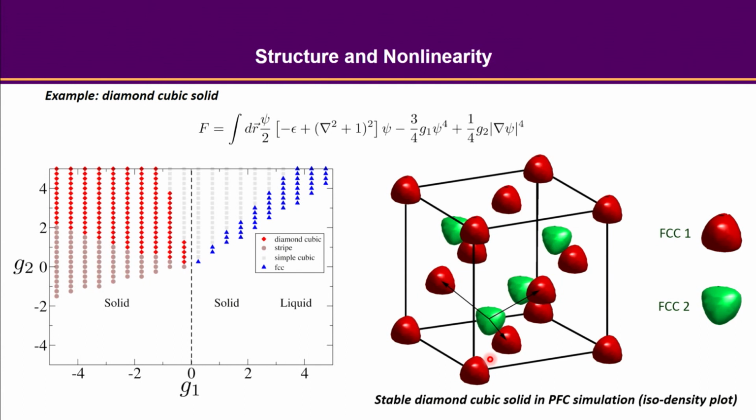You capture certain nice physics, and it's easy to implement. But I think it's also important to know that you can control the nonlinearity to obtain the structure that you like. And in theory, you can connect the nonlinear term with the higher order correlation function, and that will be interesting to work out as well, right?